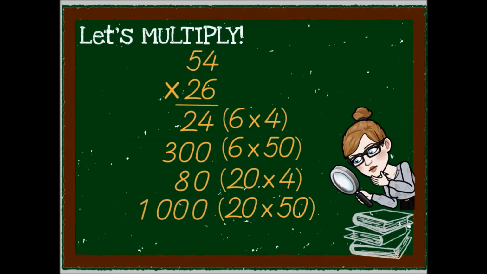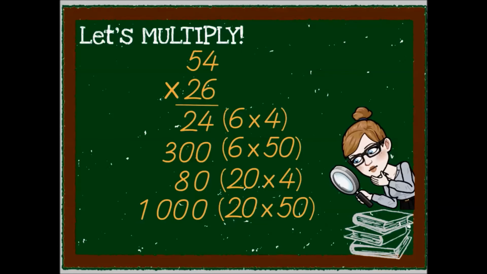Remember, multiplying tens the smart way. Multiply the first two digits, 2 and 5, which is 10, and then hooking up the extra zeros at the end makes it 1,000.